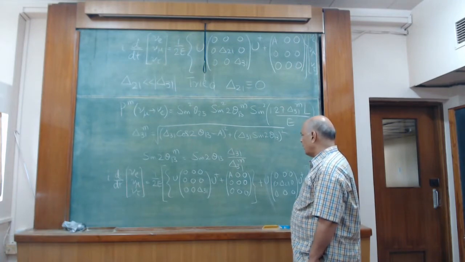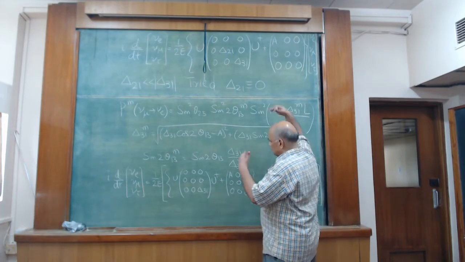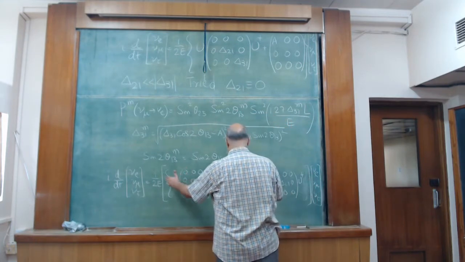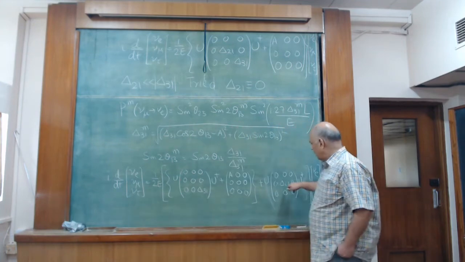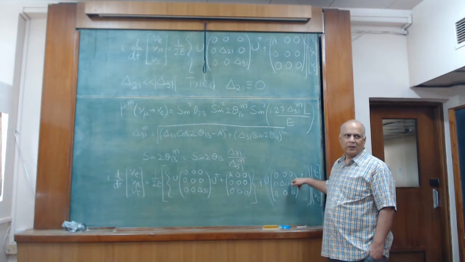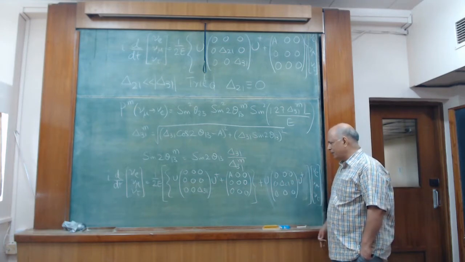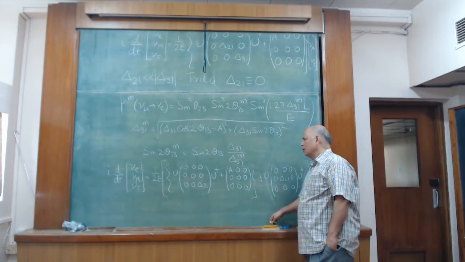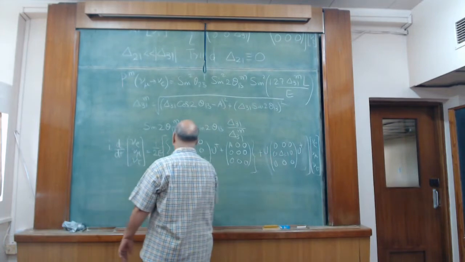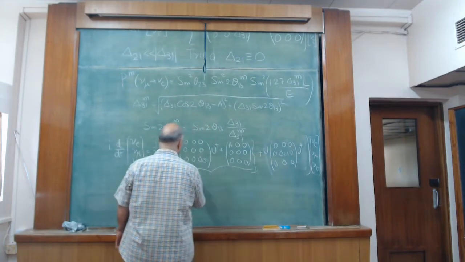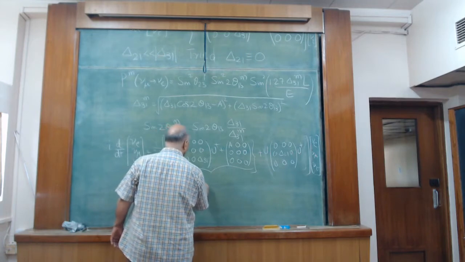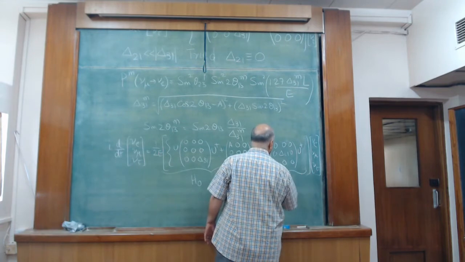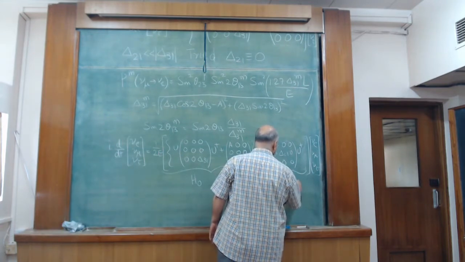What I have done is the Hamiltonian in the case of delta 2 1 equal to 0, I have put here in the curly brackets, and the part of the Hamiltonian that depends on delta 2 1 I have written separately, and you can guess why I have done so. I treat this as my H naught, and I treat this as my H perturbation.